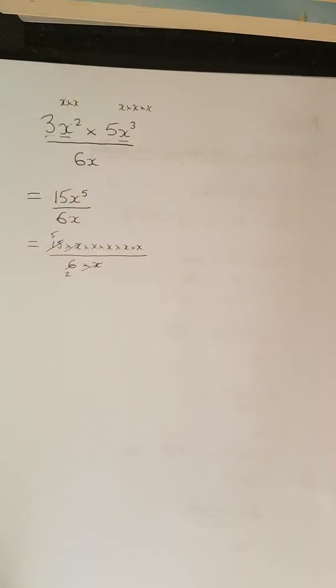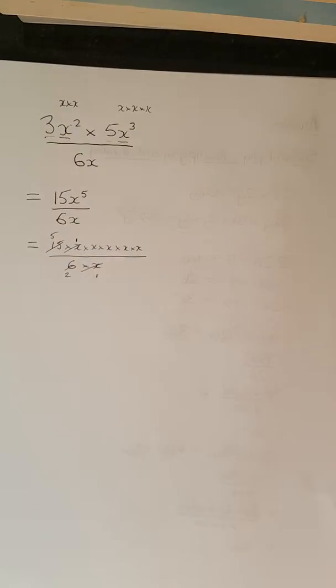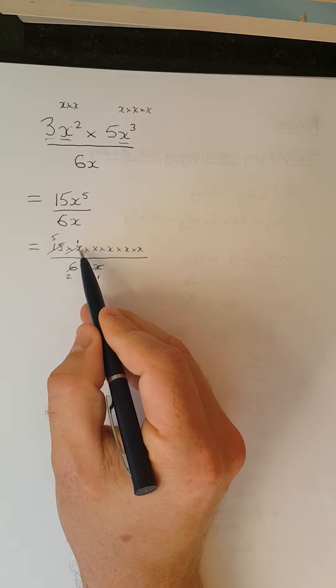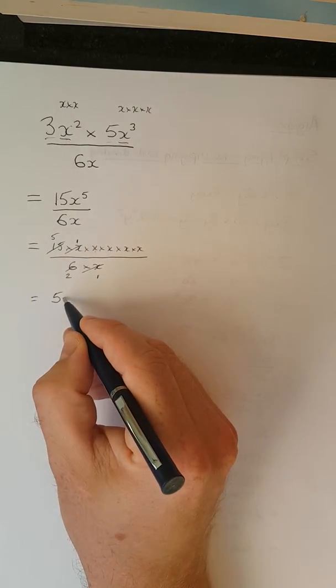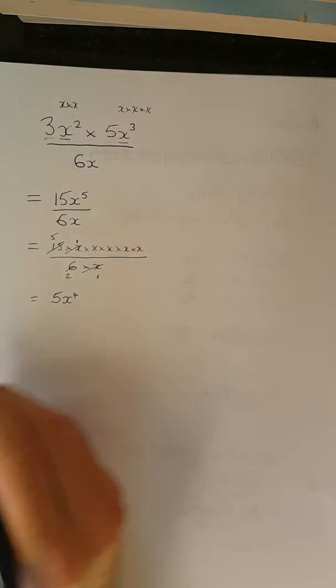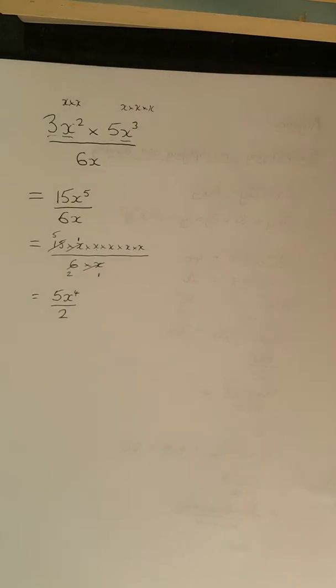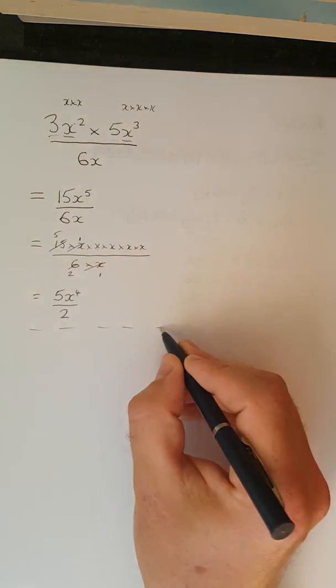Cancel a times by x on both, so you end up with times by 1 and 1. 5 times 1 is 5, times x, x, x, x. That's x to the 4. And the denominator is 2. The same rules will apply, but things will get more and more complicated. So let's try just one more, slightly trickier.